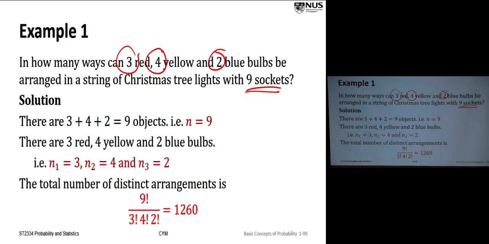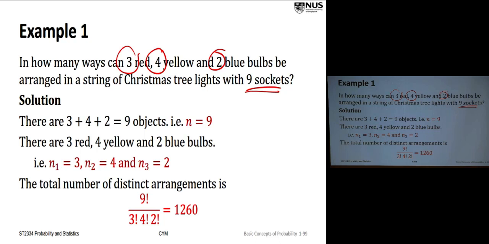Let's say 1, 2, 3 are red. Number 1, 2, and 3 light bulbs are red color. So the arrangement 1, 2, 3 or 2, 1, 3 or 1, 3, 2, all these I will treat as red, red, red. So how many of them? 3 factorial of them are considered as 1.